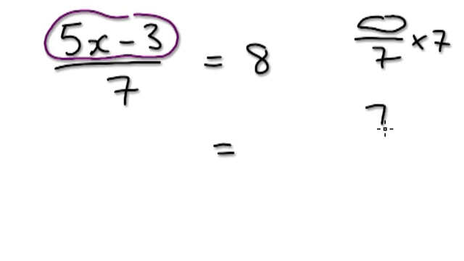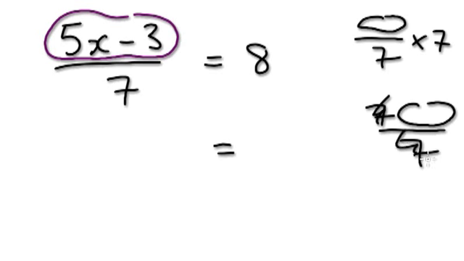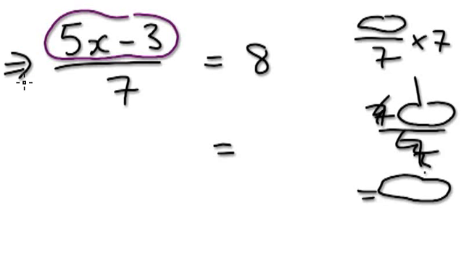That goes to the top, so it becomes the bubble over 7 times 7. The two 7s kill off each other, leaving you the bubble on its own. So all that you're left with is what's in the bubble, which is 5x minus 3, and on the right hand side, 8 times 7, which is 56.